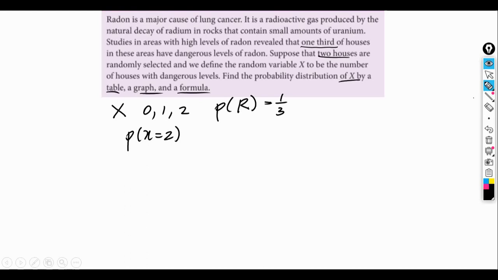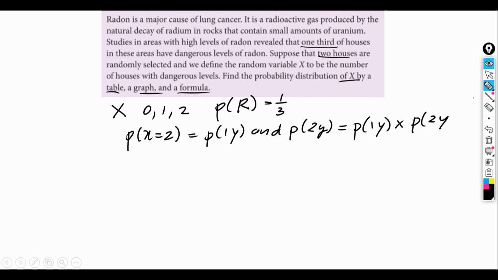That is the probability of finding high levels of radon in the first house, and finding high levels of radon in the second house. So this is going to be the probability of the first house having high levels of radon times the probability of the second house having high levels of radon. And then this is going to be 1/3 times 1/3, which is equal to 1/9.